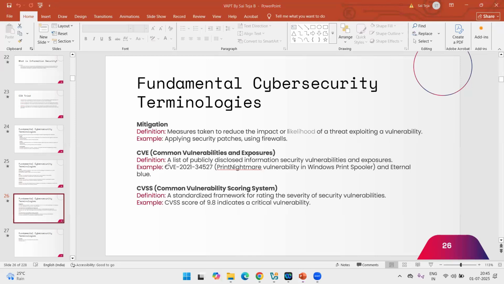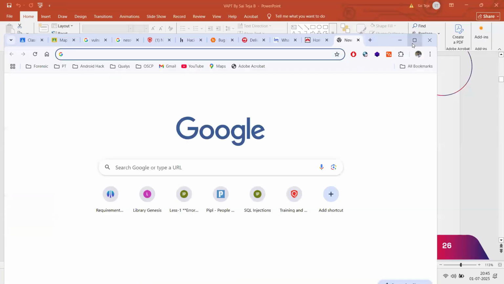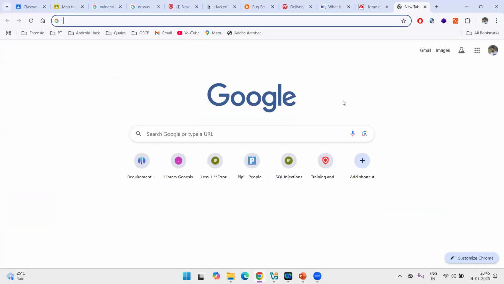Okay, I'll take one real example. Let's say some security researcher identified a weakness in some system. We call that a vulnerability. And there are a lot of products, a lot of vendors, a lot of vulnerabilities. So how do we keep track of these vulnerabilities?